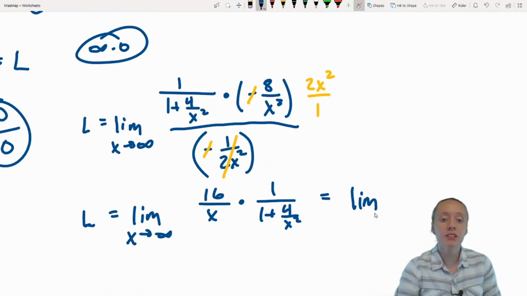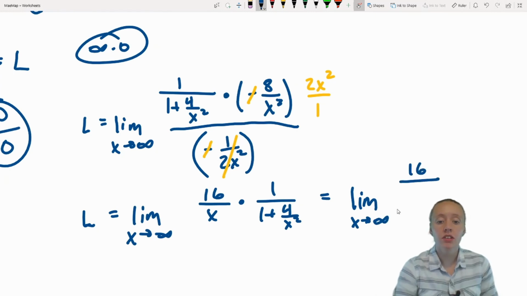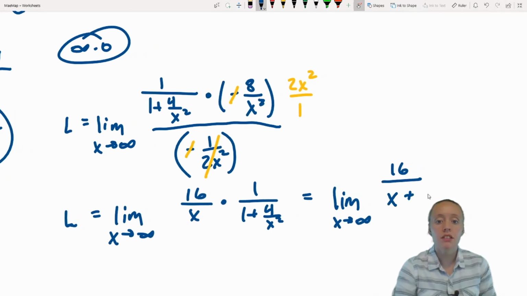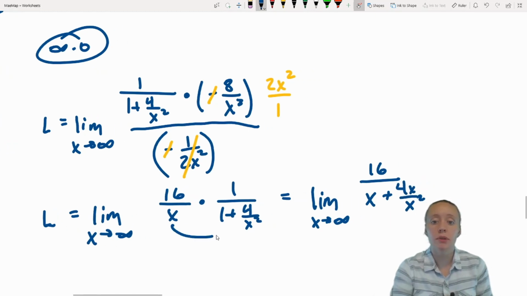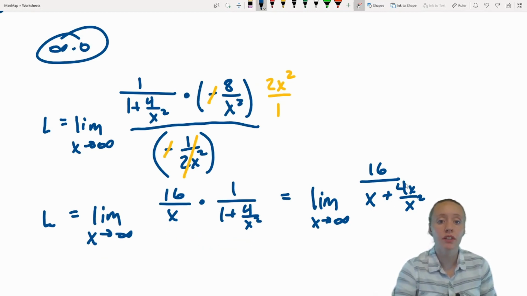This simplifies down to the limit as x approaches infinity of 16 all over x plus 4x over x squared. You can see that I just distributed this x to the 1 and to the 4 over x squared to give me x plus 4x over x squared. My x will cancel out with the x squared to leave me with 4 over x.